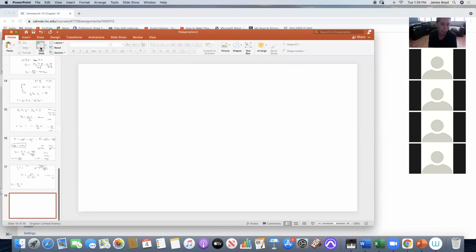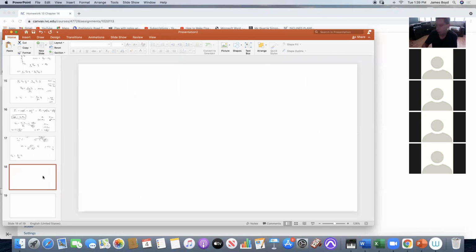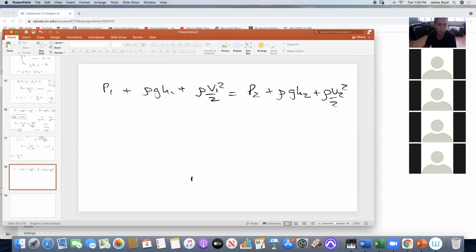Because this is a Bernoulli's problem, all you're going to do is write P1 plus rho g h1 plus rho v1 squared over 2 is P2 plus rho g h2 plus rho v2 squared over 2. And we have A1 V1 is A2 V2. Now, we're going to try and find P1, H1, V1, maybe A1, and P2, H2, V2, A2.